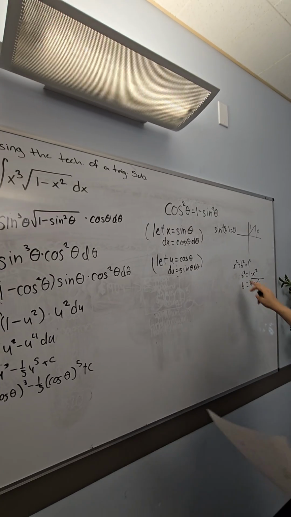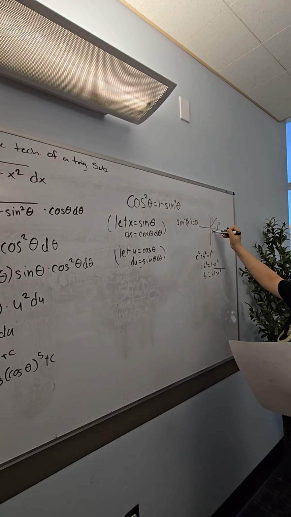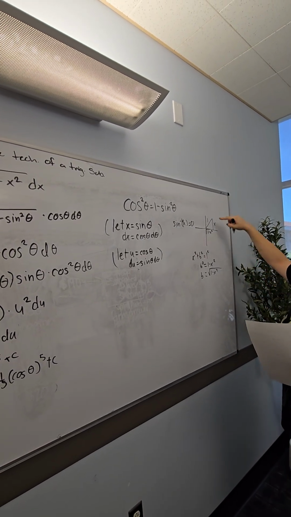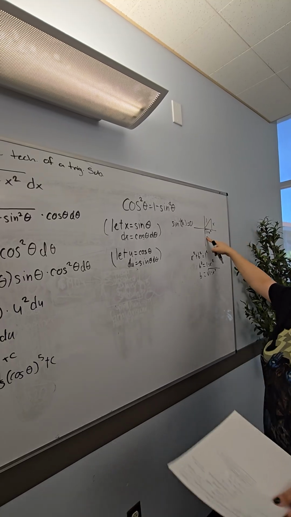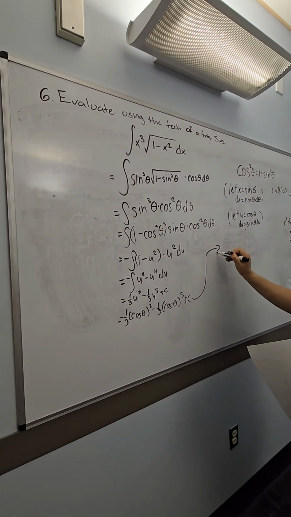And then since cosine of theta will be the adjacent over the hypotenuse, you will just plug in square root of 1 minus x squared back into the function.